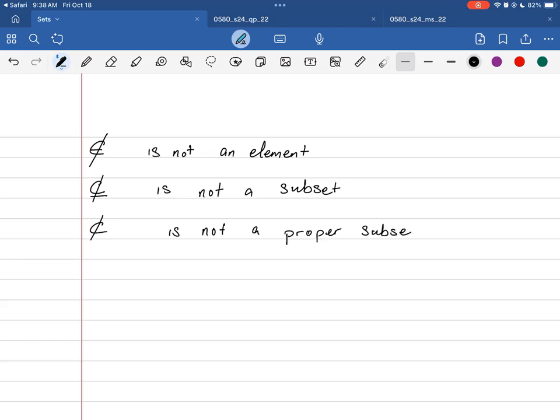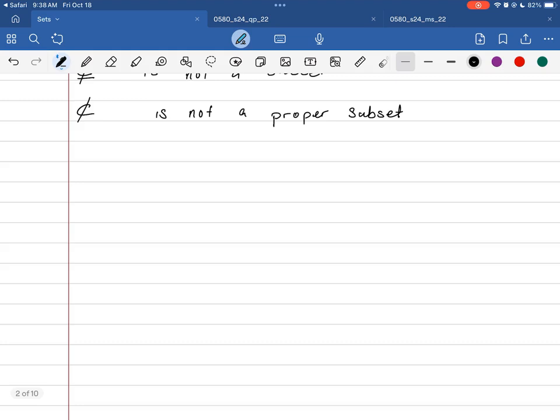Okay, now let's get to the meat of sets, the thing that you're going to see all the time. If you have A ∩ B, this means that whatever you're looking for should intersect A and B, meaning that they should overlap.